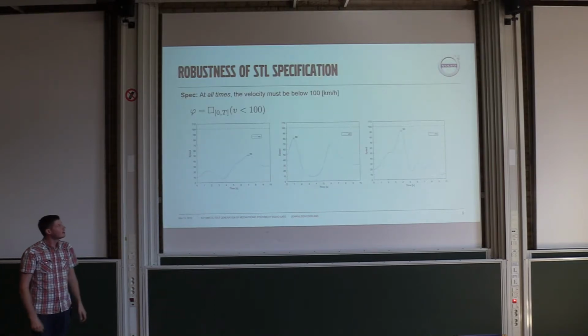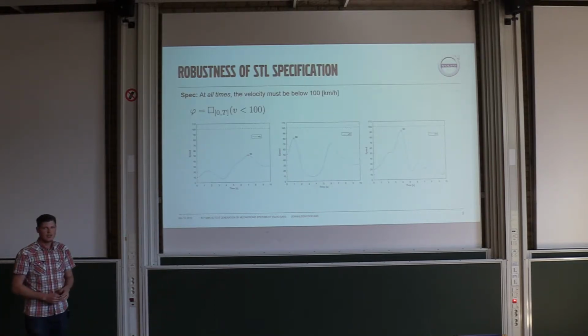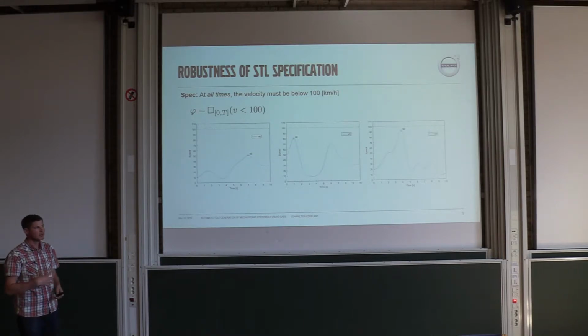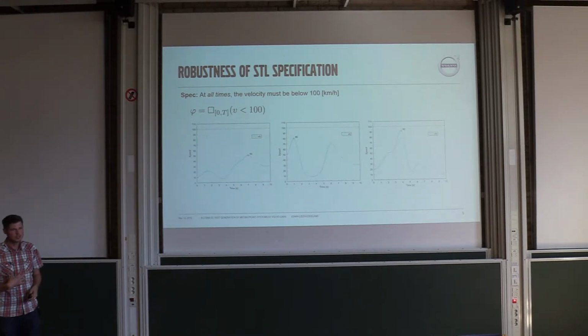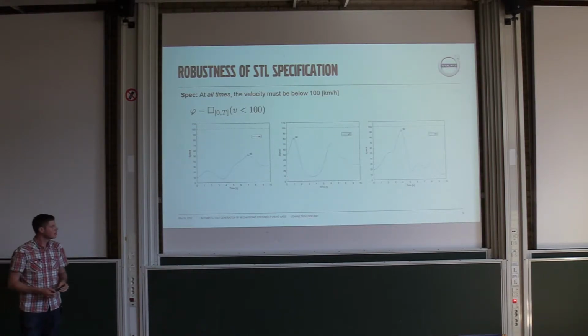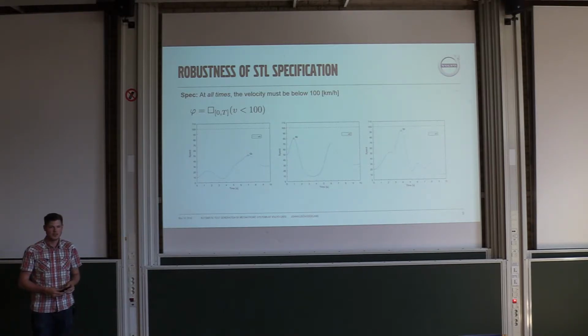So what I use STL for in my research is what we call robustness of STL specifications, which is not something I came up with. It's a research field which deals with robustness of STL specifications.